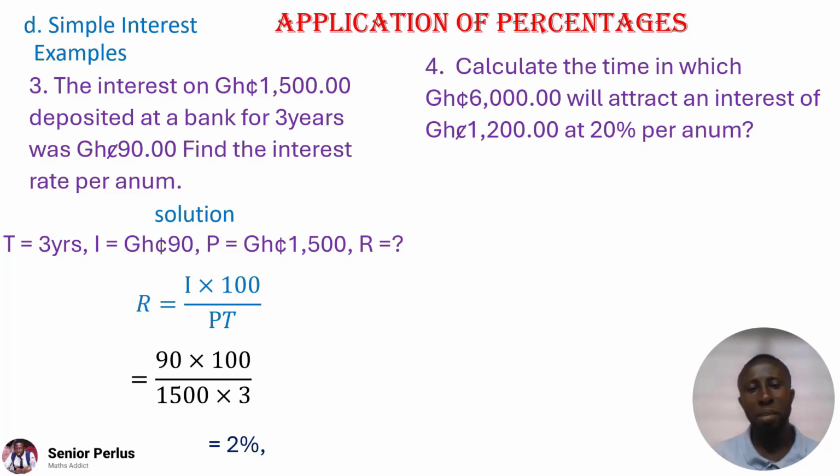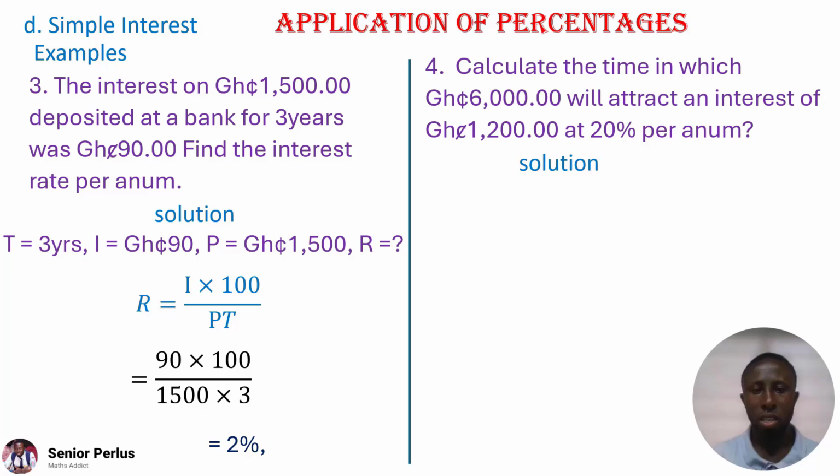Calculate the time in which 6,000 Ghana cedi will attract an interest of 1,200 Ghana cedi at 20% per annum. So the question is, which one is our principal and which one is our interest?